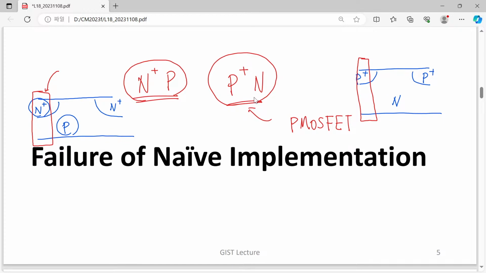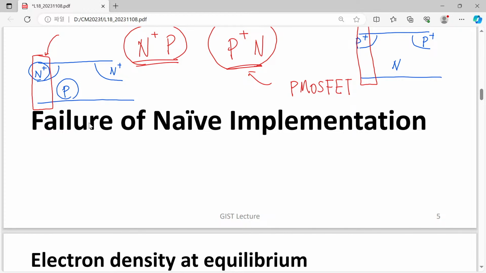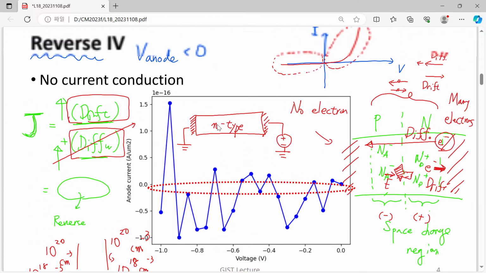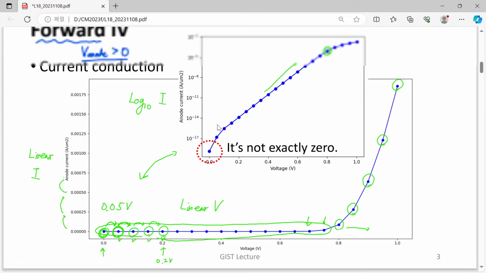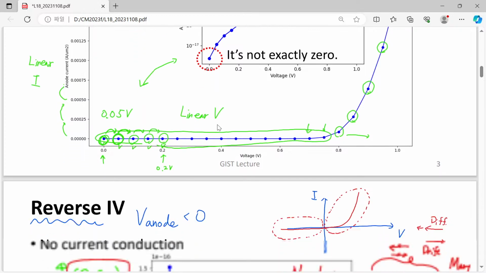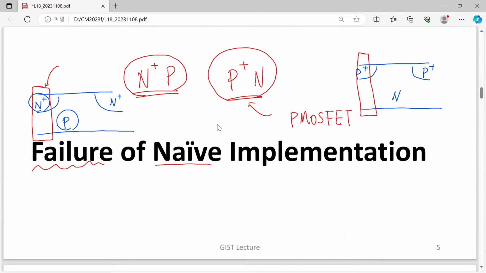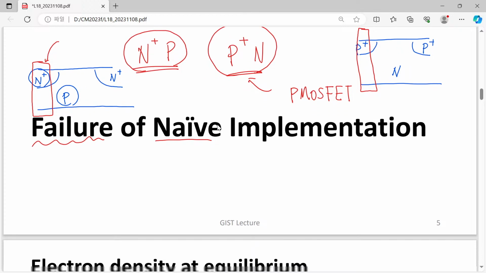However, the main topic of today's lecture is to reveal the failure of our previous implementation. Although we get solutions that look quite good, this kind of implementation is not actually used, because of its own difficulty. So let me show it to you.